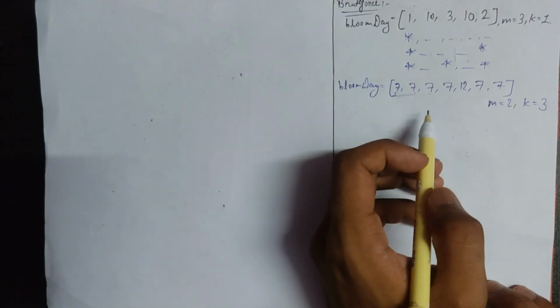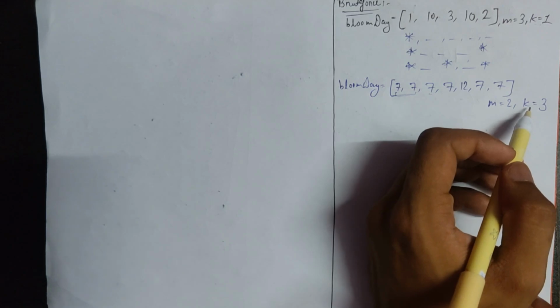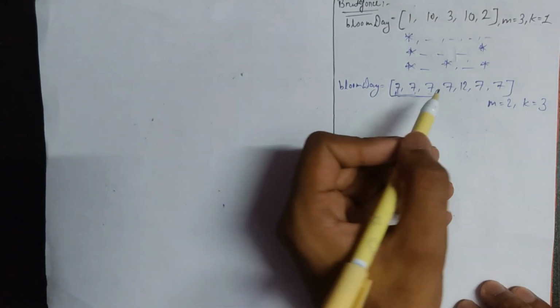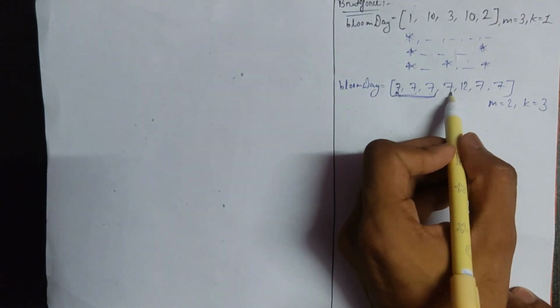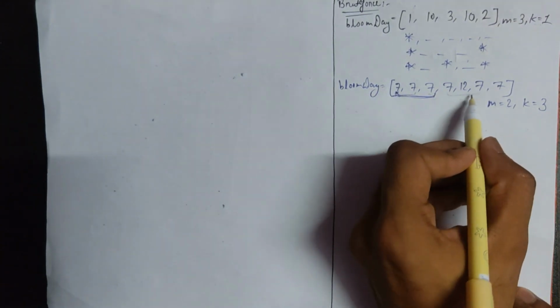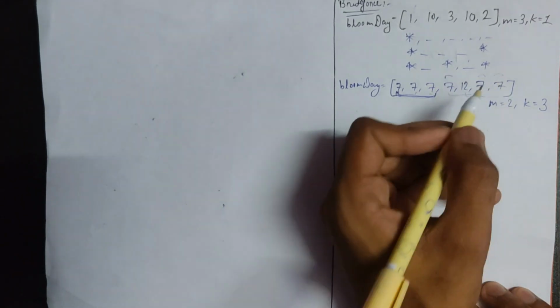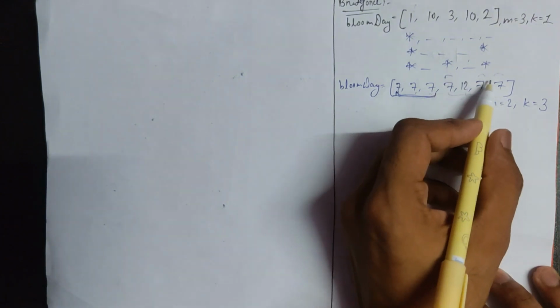In this other example, the given value of k is 3, so we have to take 3 flowers adjacently to form a bouquet. So in this example we can take these 3 and then these 3, or these 3, because we cannot take this one and this one, as the question says we have to take adjacent flowers only.